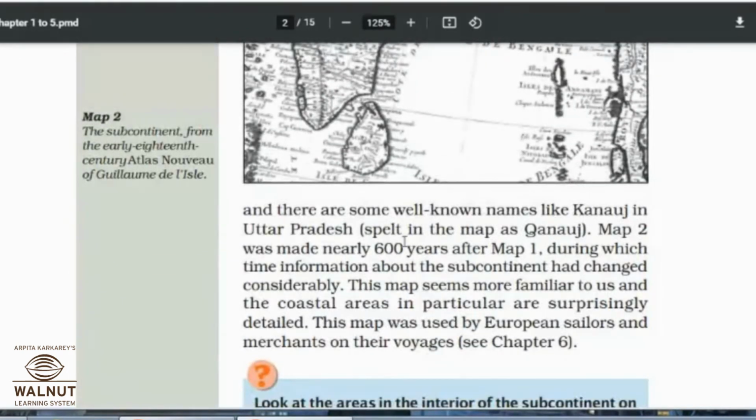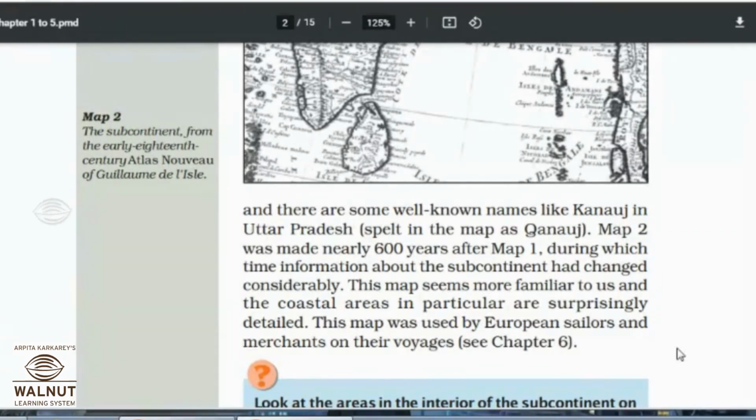Now see the spelling. The spelling of Kanauj is this. Okay, K-A-N-A-U-J. But at that time it was written as Q-A-N-A-U-G. So map 2 was made nearly 600 years after map 1, during which time information about the subcontinent had changed considerably.